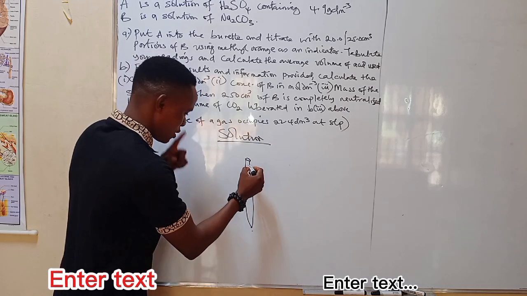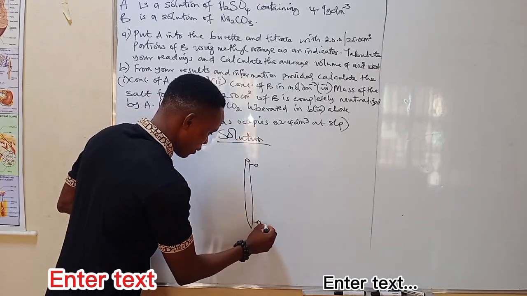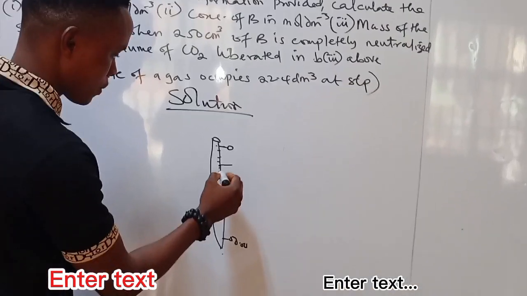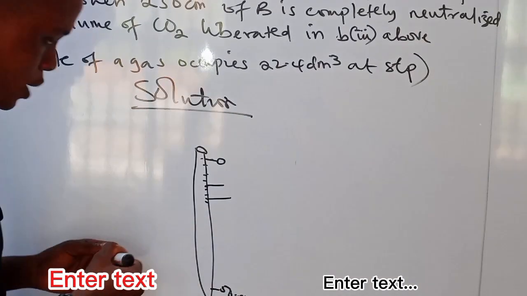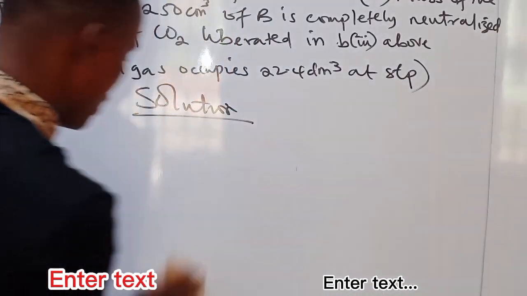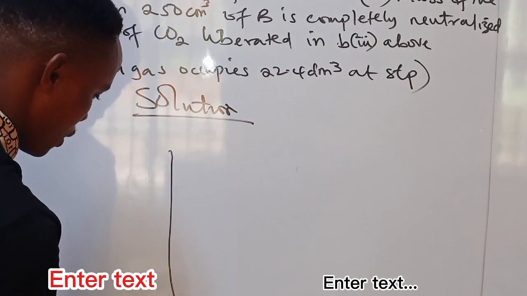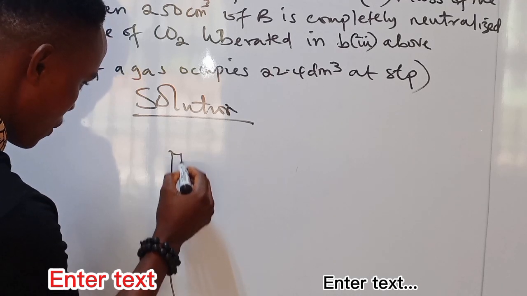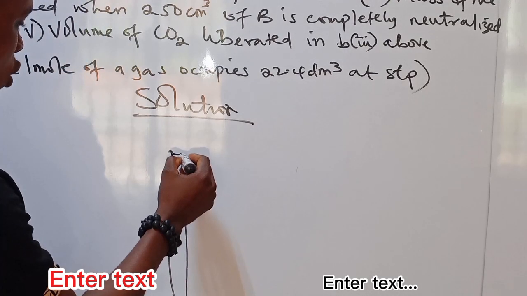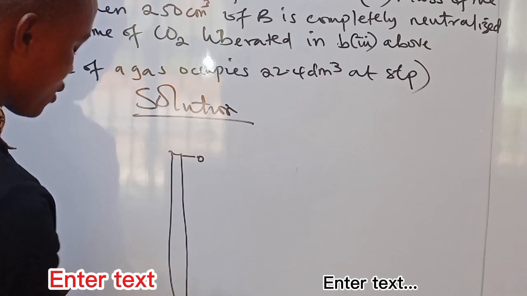Here, which numbers from 0 to 50.00 centimeters cube. Assuming this is your burette, for example. Okay, you have from 0 here to 50.00 centimeters cube.